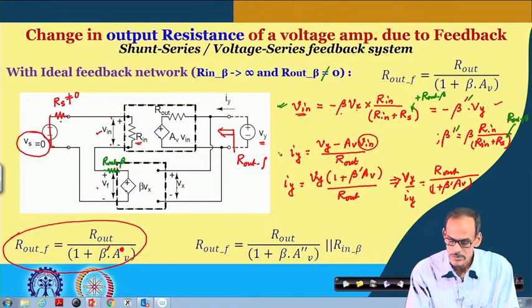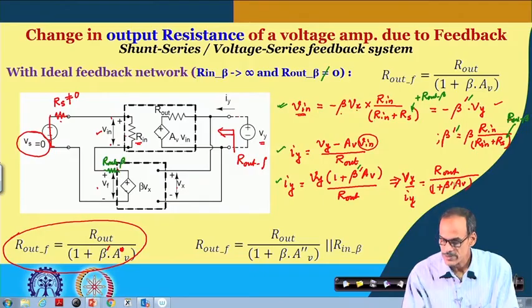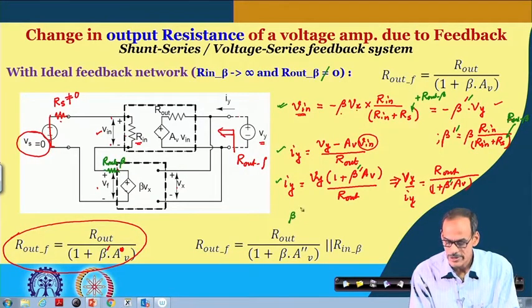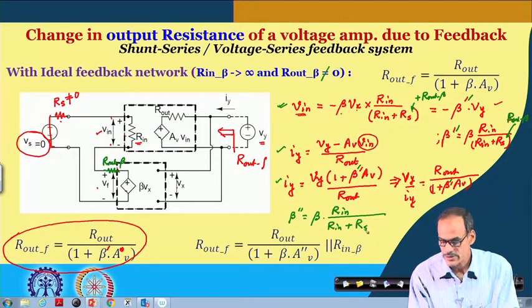And again this equation remains the same, and this equation becomes beta double dashed here, and the rest of the things will be the same, and here it will be double dashed, where beta double dashed is beta into R in divided by R in plus R s plus R out of beta network.